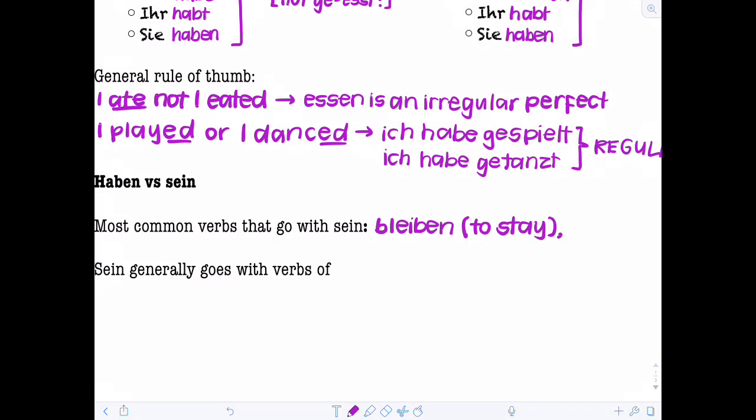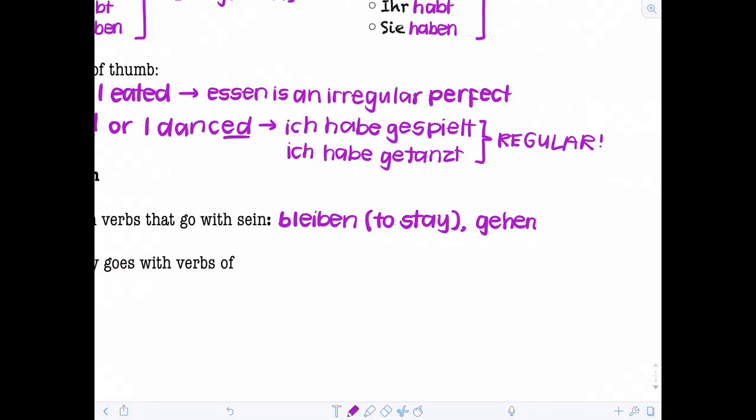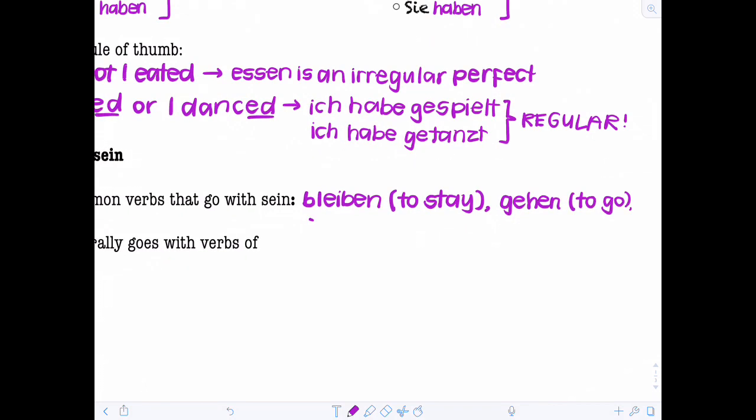The past participle of bleiben is geblieben, tricky vowel swap there. The past participle of gehen is quite irregular, it's gegangen, and fahren is gefahren.